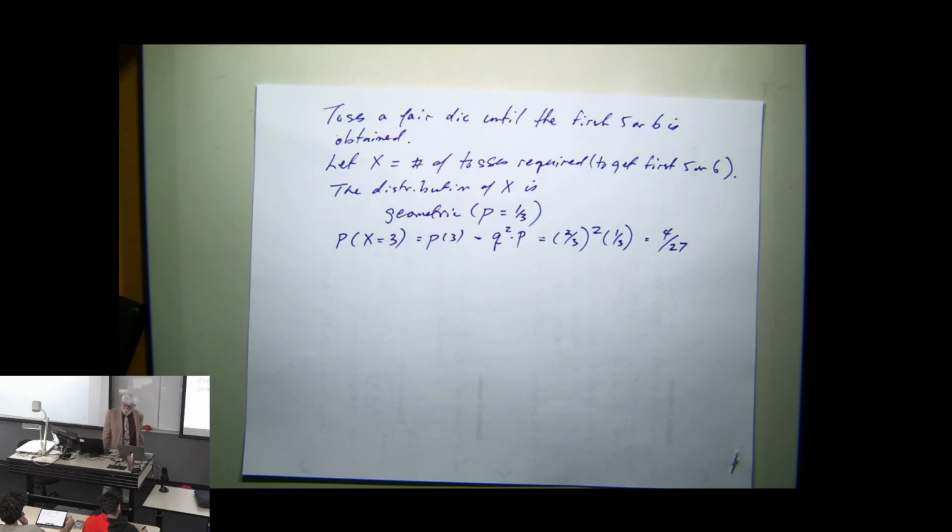And how about this question? What is the probability it will take at least 8 tosses to get the first 5 or 6? Okay, well, at least 8 tosses means 8 tosses, 9 tosses, 10 tosses, 11 tosses, 12 tosses, 13 tosses, 14 tosses, 15 tosses, and heading off to positive infinity. That's a lot to add, right?